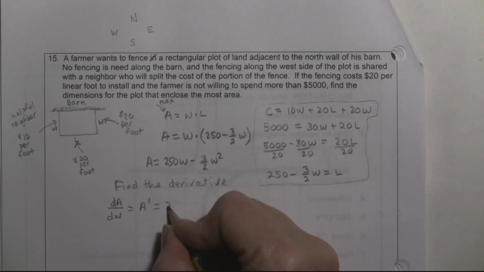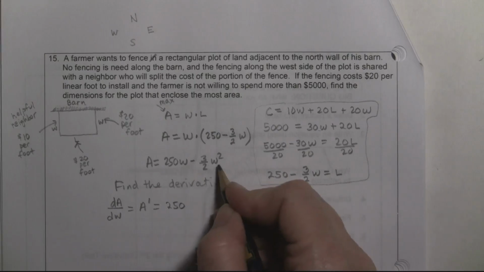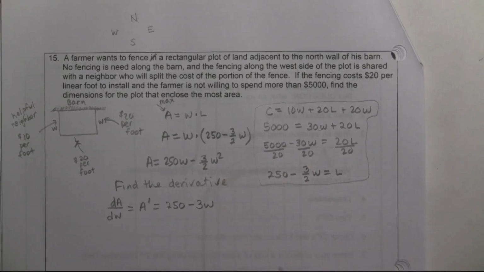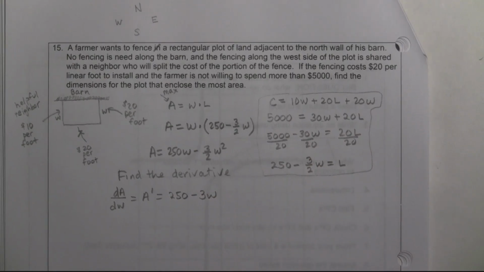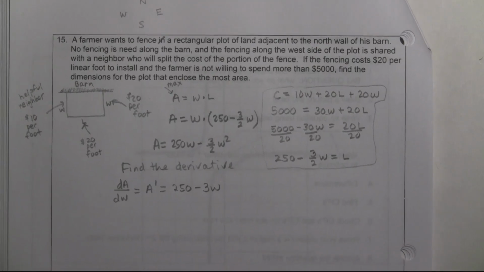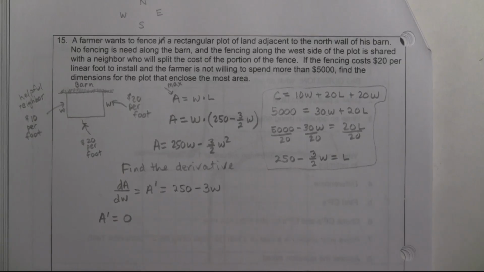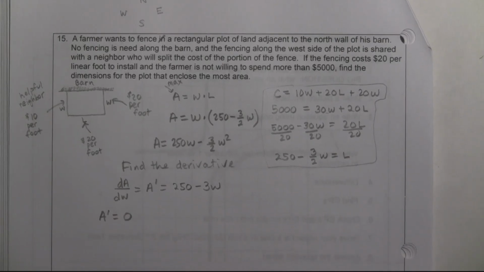And so this is 250, right? And then the 2 comes here, and so that would be minus 3W. 3 halves times 2 is 3. And then take away 1 there, right? And then I want to find the critical numbers.